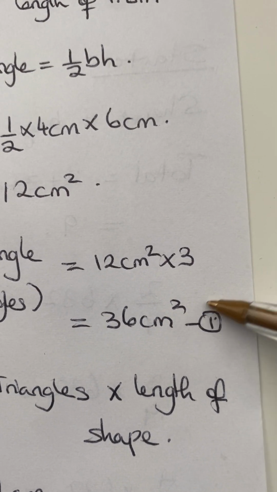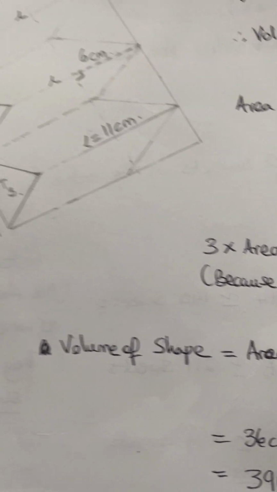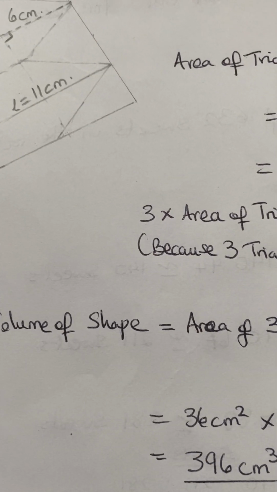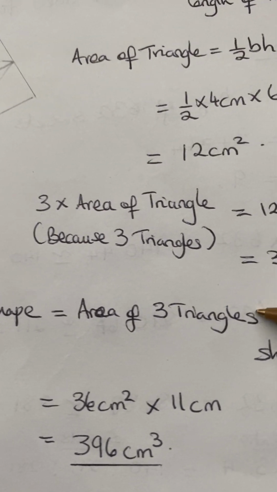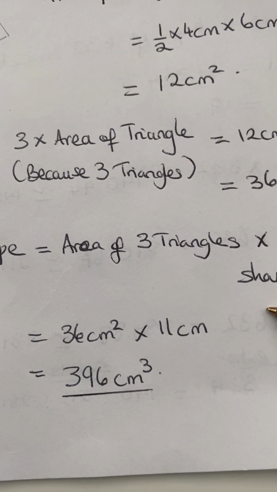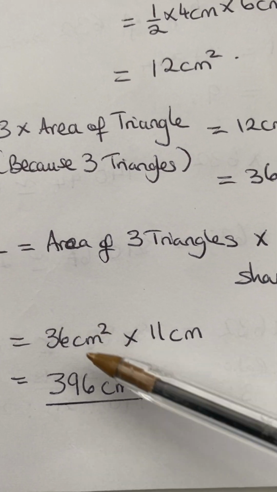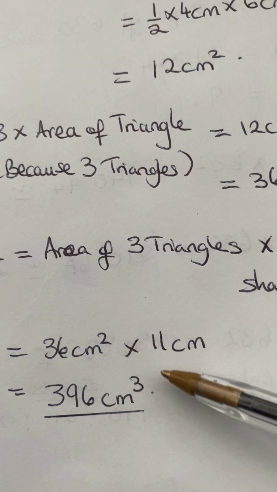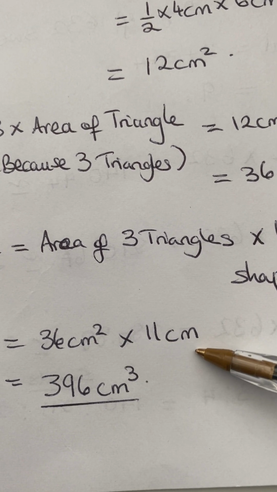So now that we have 36 centimeters squared, we go ahead and find the volume of the shape, which is the area of the 3 triangles times the length of the shape. So 36 centimeters squared times 11 centimeters.